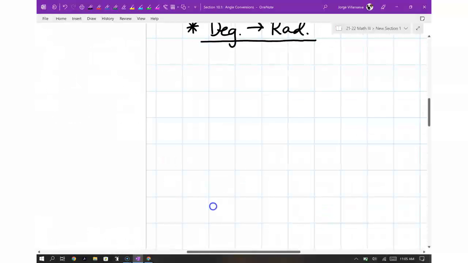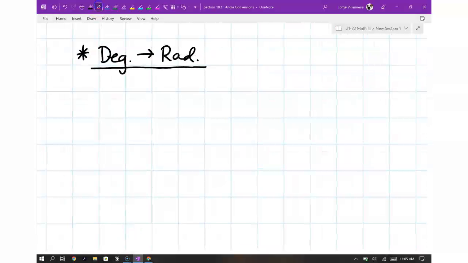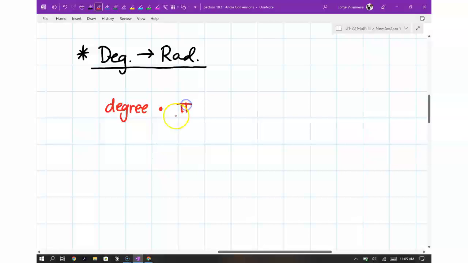All right? So for your formula, you're going to write your degree times pi over 180 degrees. That's going to equal your radian. So you're going to get whatever degree they give you, and you're going to multiply it times pi over 180. Now, I am going to give you a hint right here.